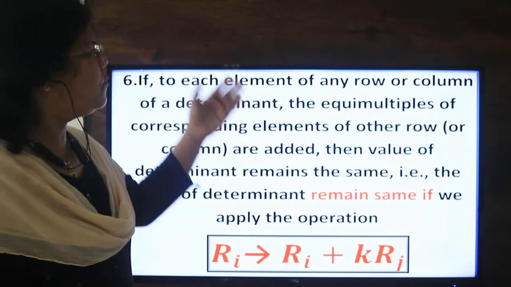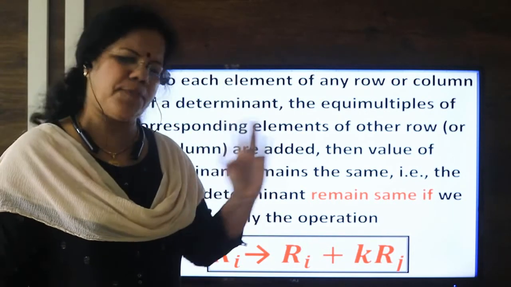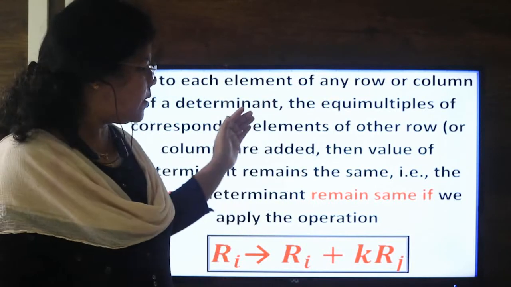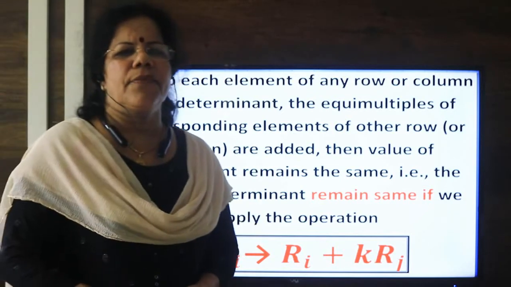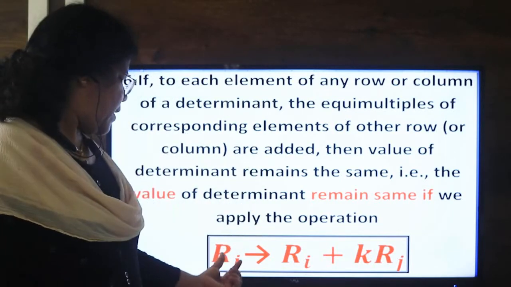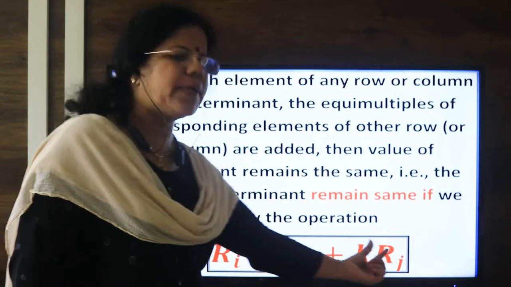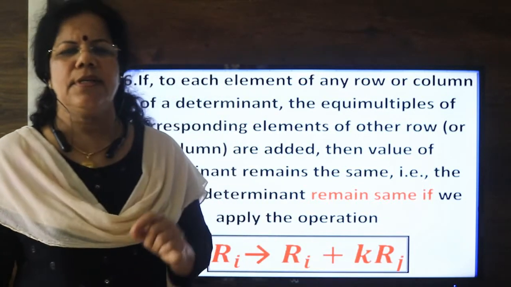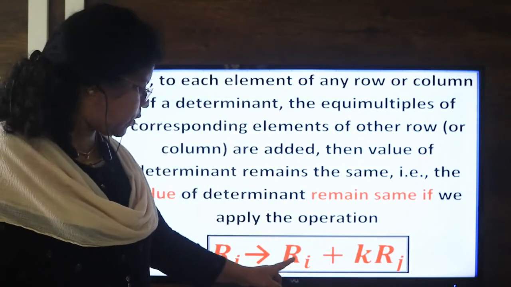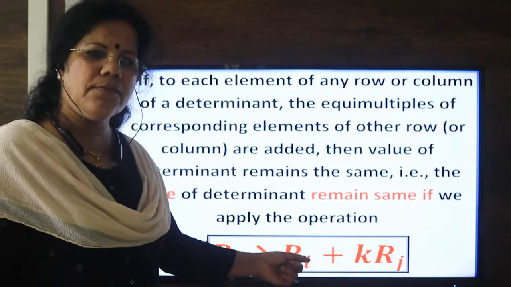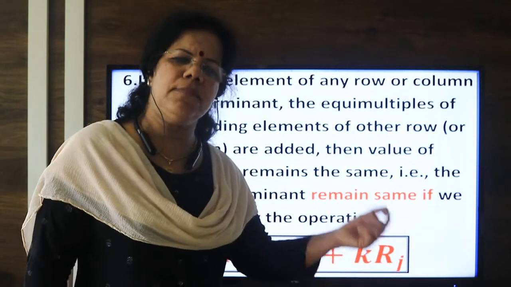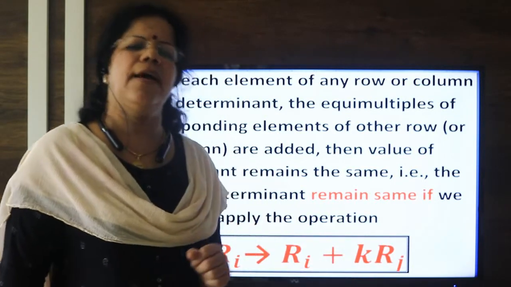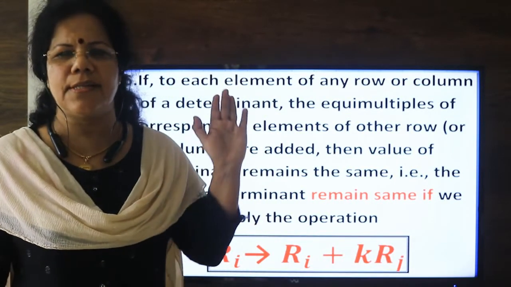Next, that's a very important property, and it will be used in almost all the problems. All the properties we will use, but this is a little bit complicated also. Let us see how it is. Here, if Ri changes to Ri plus K Rj, that means if to any row or column a scalar multiple of another row or column is added, then the value of the determinant remains the same.